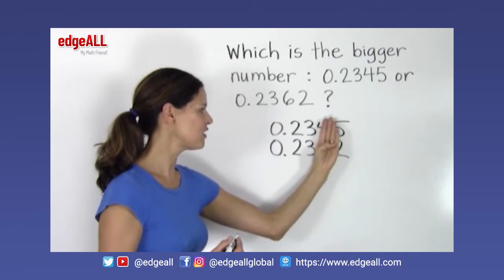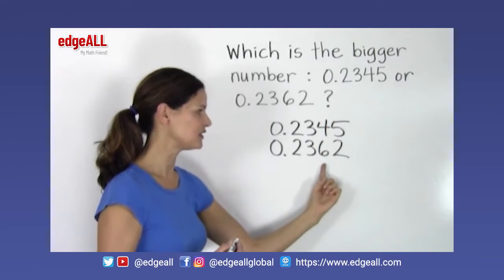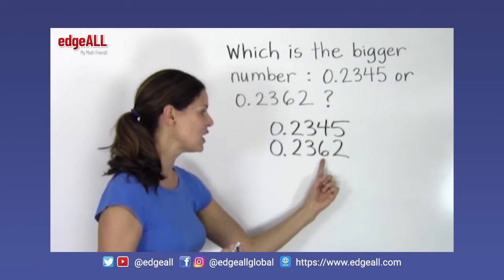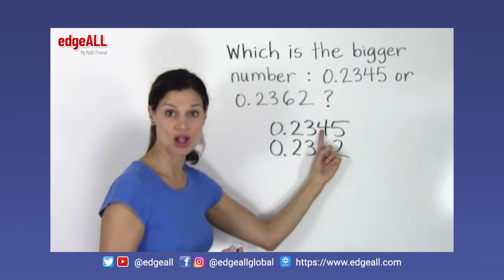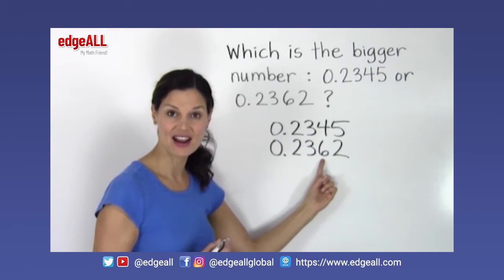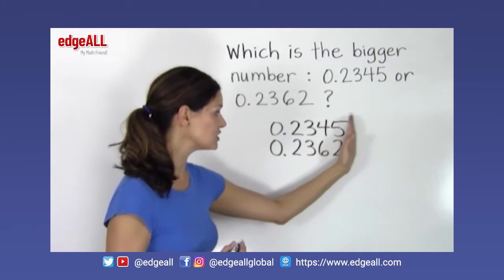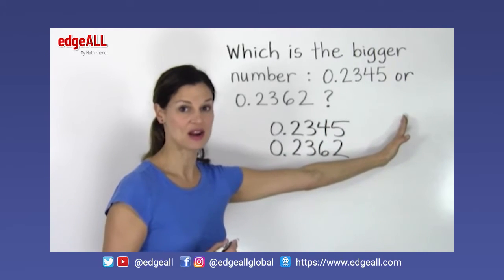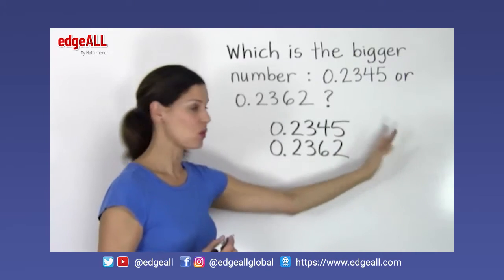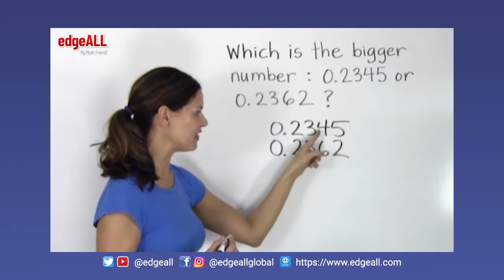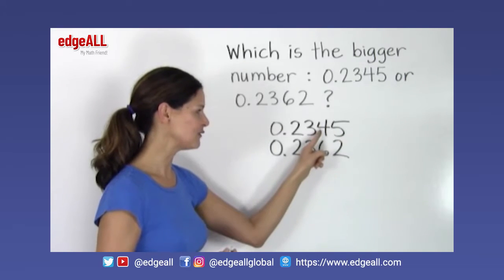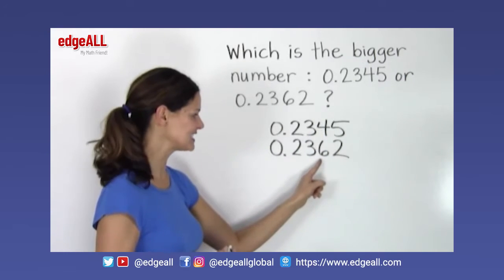But once we move over here to our thousandths place and we compare the 4 to the 6, we see that 4 is smaller than 6. And we can stop right there. No matter what numbers go on from here, no matter if they're big digits, 8s, 9s, 0s, 1s, or 2s, we can stop right here knowing that this number is smaller than this number because 4 is less than 6.